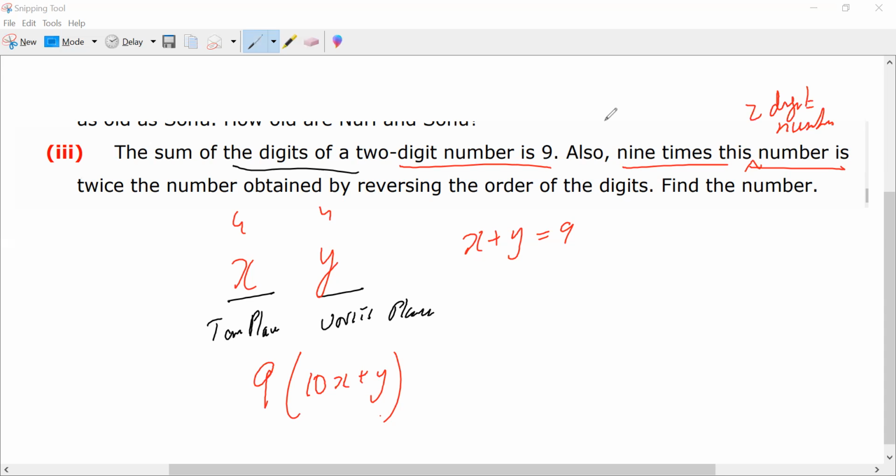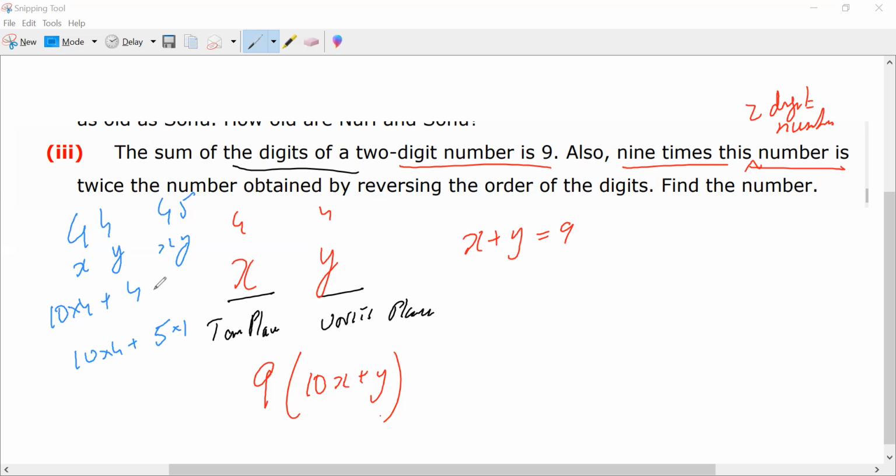Suppose if the number is 44, correct? So what is my x value? 4, and y value is what? 4, correct? So I will get 10 into 4 plus 4, 44. Or if it is 45, x and y, correct? Only after doing 10 into 4 plus 5 into 1 will I get this number, 45, right?